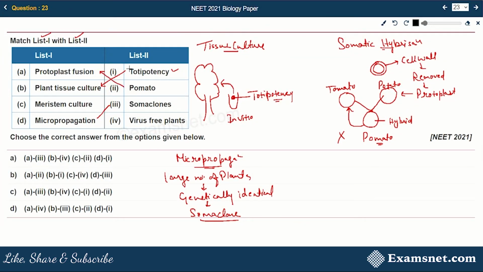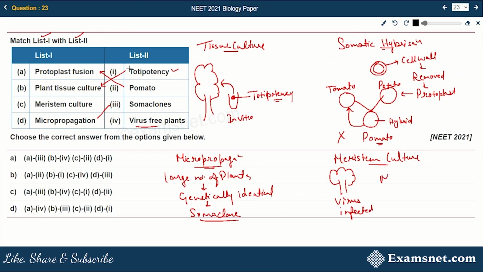Now what is left? Virus free plant. So the technique used to get a virus free plant is meristem culture. Why meristem culture? The reason is that even if a plant has been infected by a virus, its meristem remains unaffected.